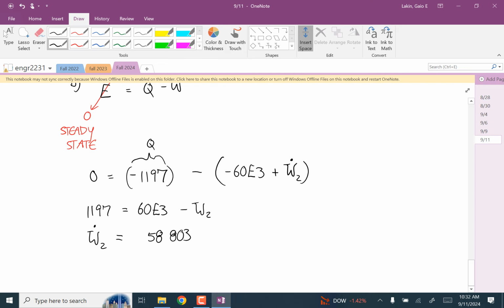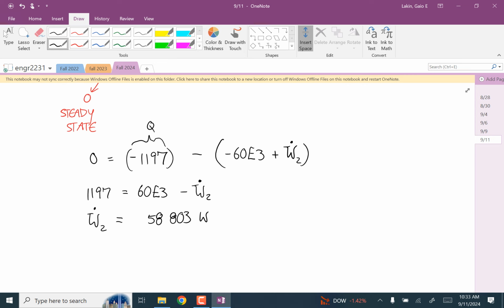Those dots need to stay there. And so this has units of watts. That means the rate at which work, in this case, is being done by the box. It's like first derivative. Yeah, that's right. Specifically a time derivative.